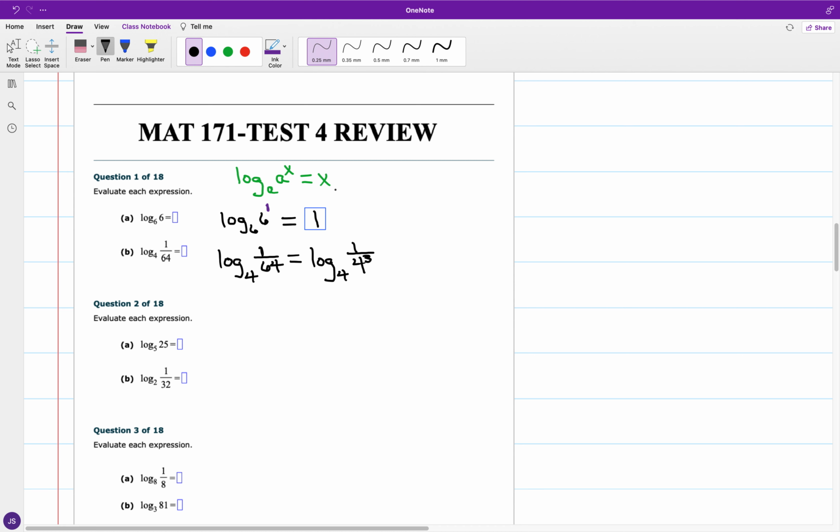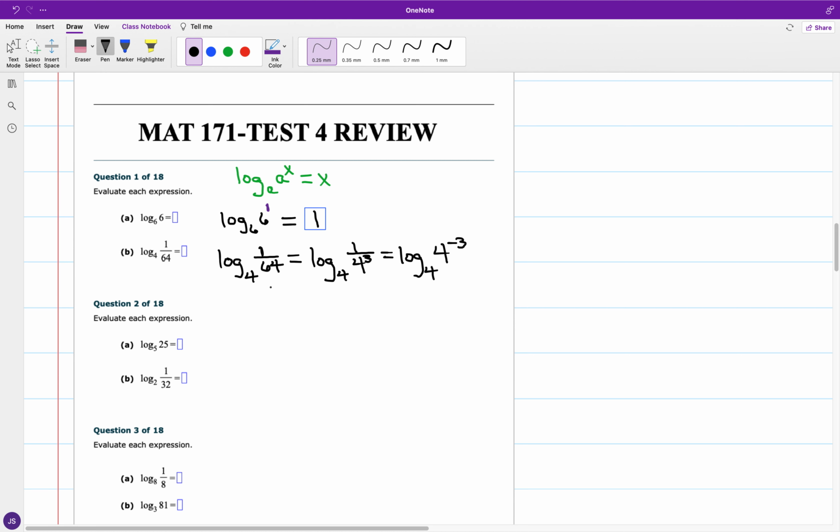Right now I have 4 to the third, but it's in the reciprocal position. So if I translate the reciprocal of 4 to the third and write directly in terms of base 4, 1 over a base to a positive power is the same as that base to the negative.